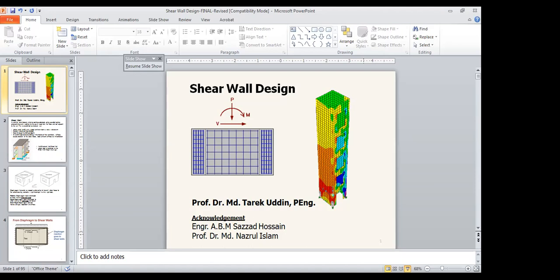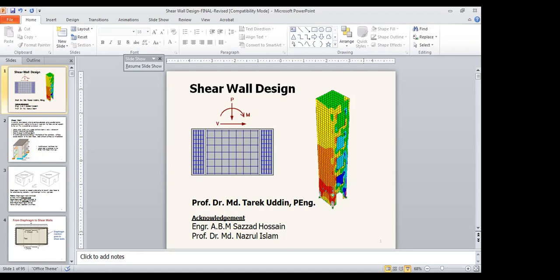Generally, it starts at the foundation and goes through the building height, and of course it gives stiffness to the building.